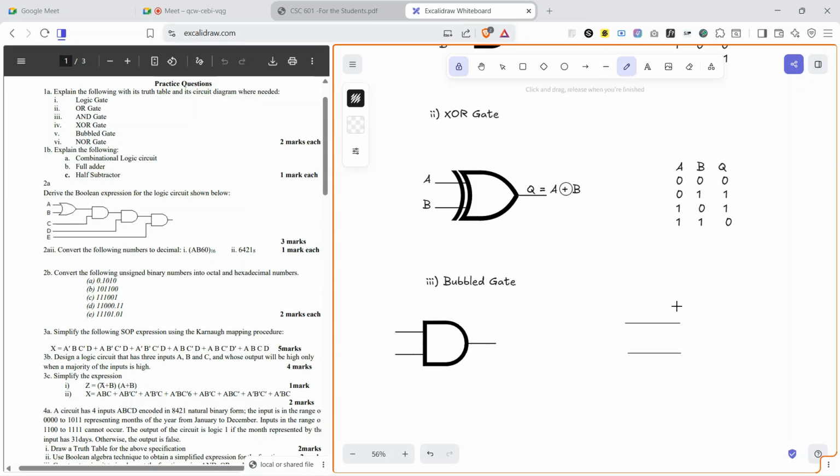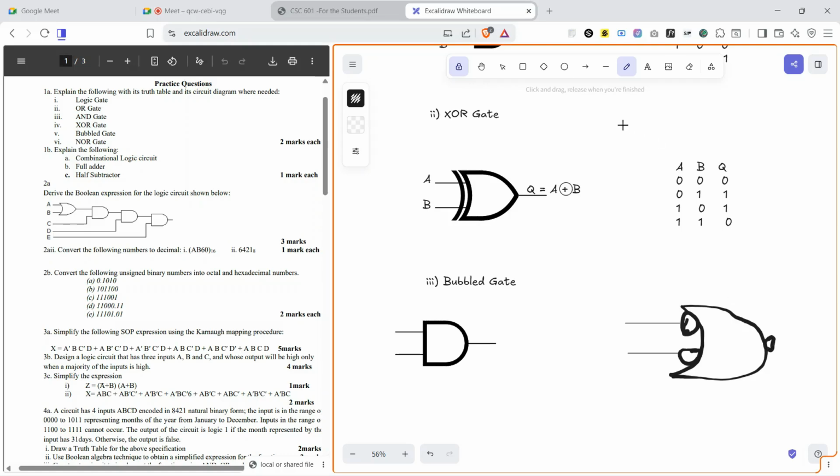Let me see. I'm trying to draw an OR gate. Don't mind the drawing. So there will be a bubble here, there will be a bubble here, and then there will be a bubble outside here.